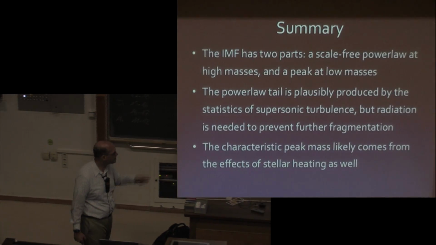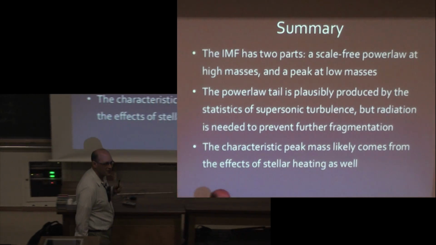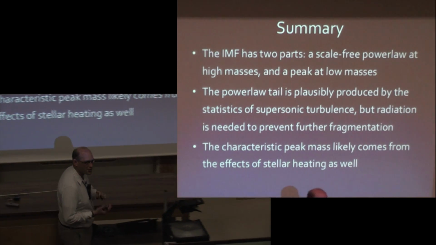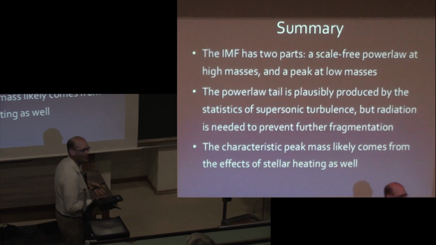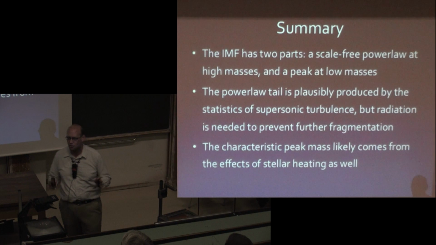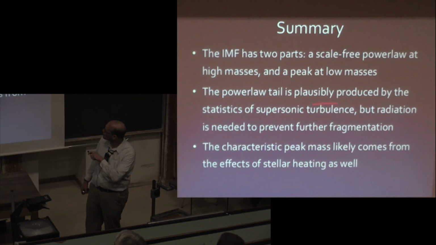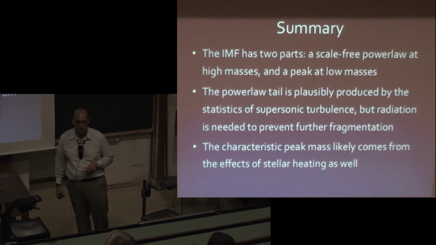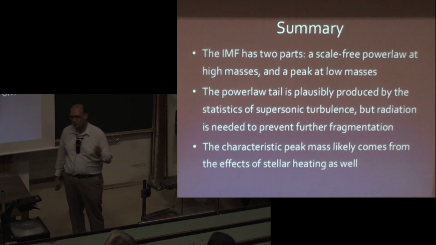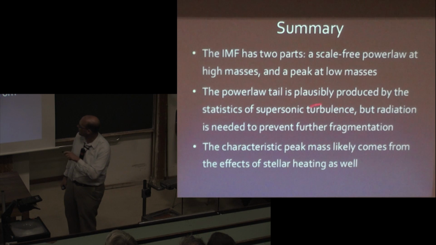All right, so I will end there. For those just waking up: the IMF appears to be first-order universal. It has a characteristic peak mass between 0.1 and 1 solar masses and a power law tail at high masses. The power law tail is plausibly produced by the statistics of supersonic turbulence, provided that we then throw in radiation feedback stopping the more massive things from subfragmenting as they collapse.